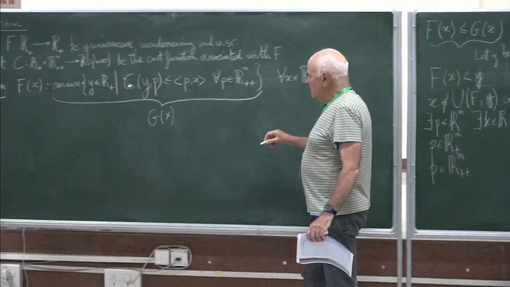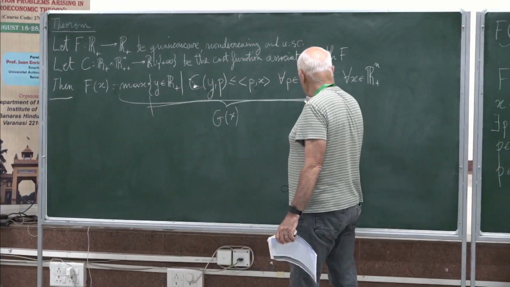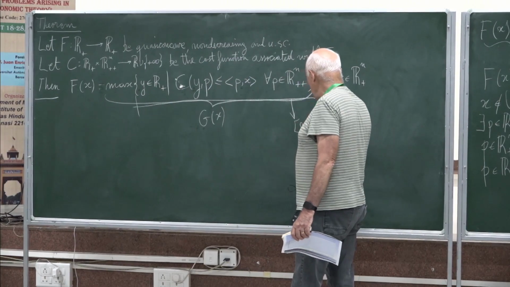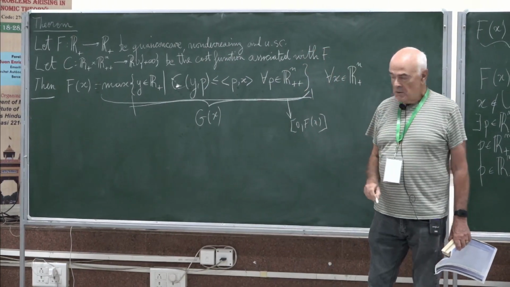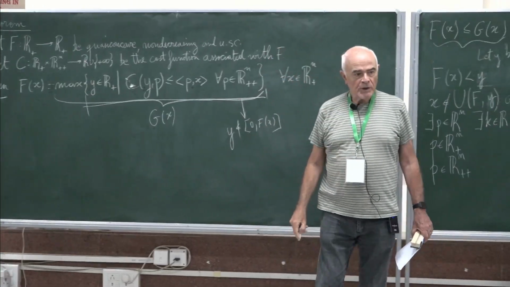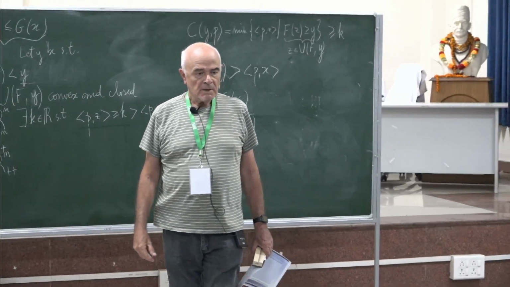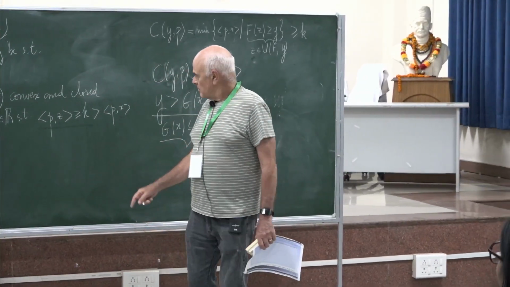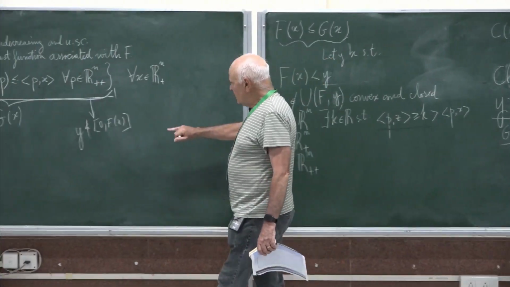And remember that this set has the form [0, f(x)]. It's an interval. So we are saying y does not belong to the interval [0, f(x)], and y is not negative. So y, oh sorry, this is g of x.